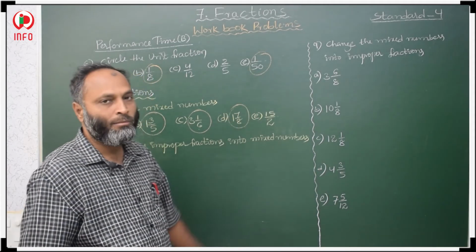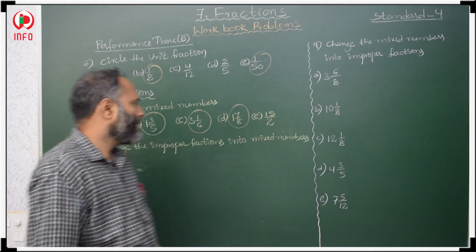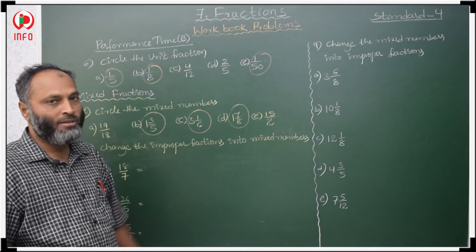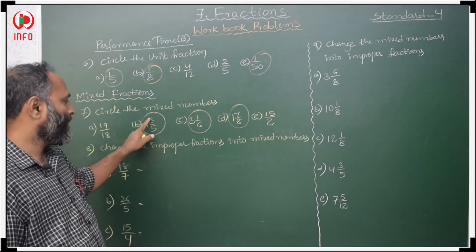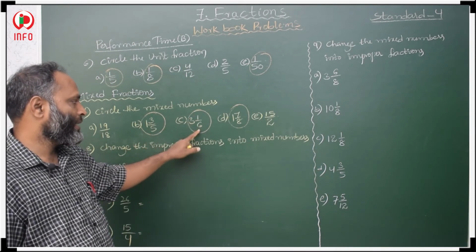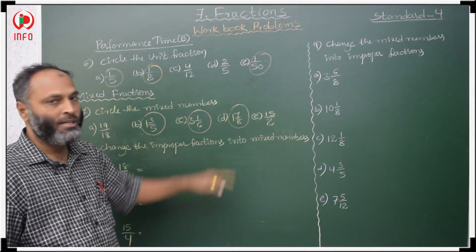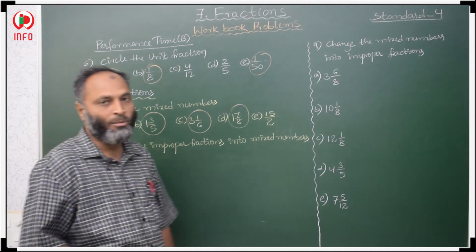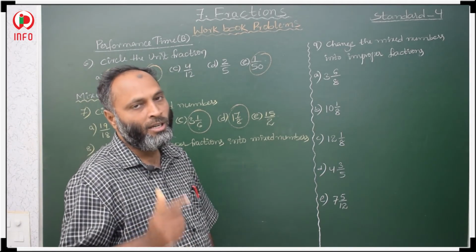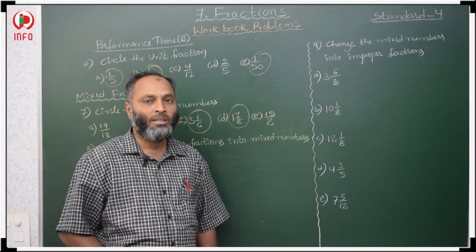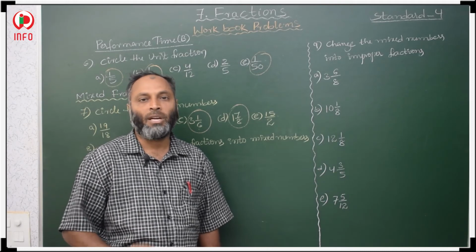And this is not a mixed fraction. So these three are mixed fractions: 1 3 by 5, 3 1 by 6, 1 7 by 8. All three are a combination of a whole number with a proper fraction. So these fractions are mixed fractions.